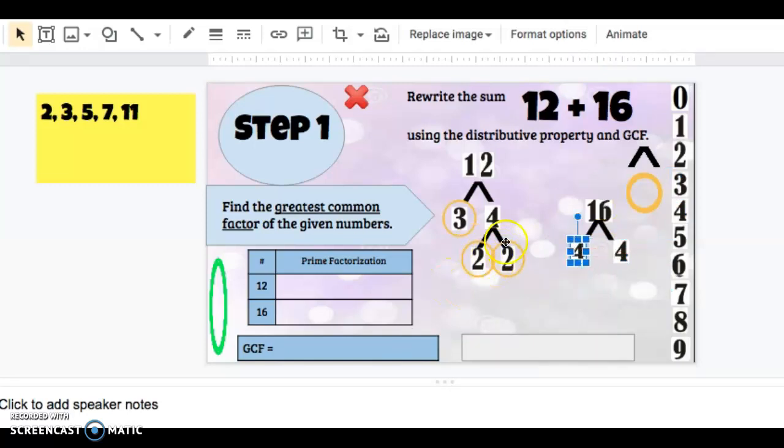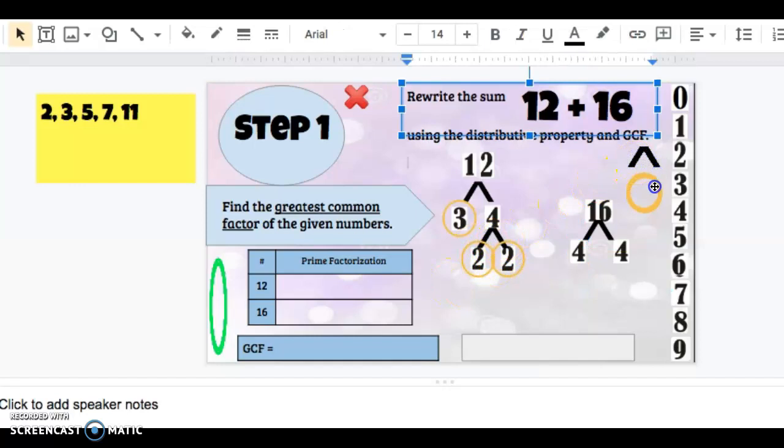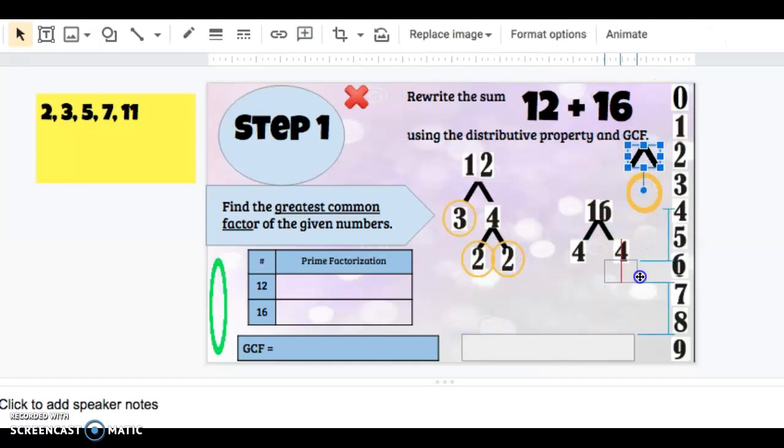And I had broken down 4 already over here, so I know that my 4 breaks down to 2 and 2. And then I got to break it down again to 2 and 2.